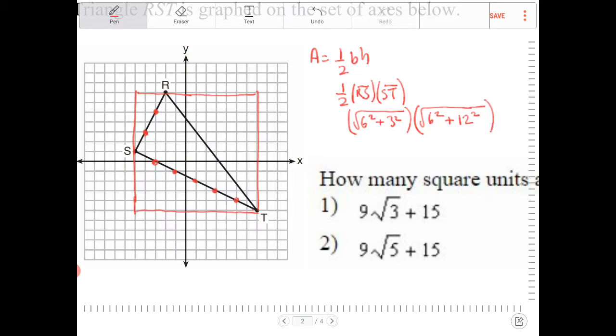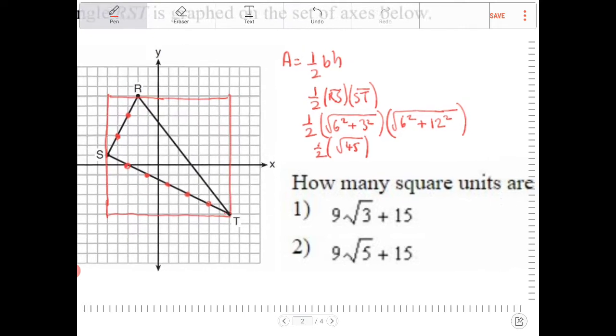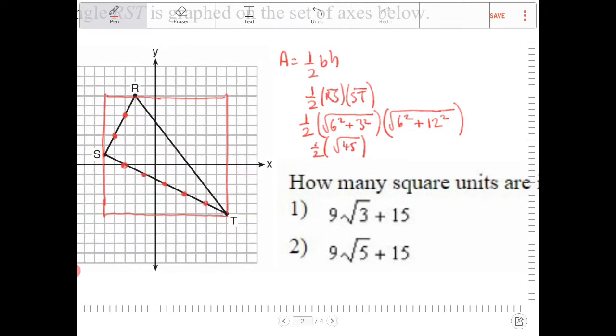What is that? That's going to be 36 plus 9 is 45, right? And 6 squared plus 12 squared, 144 plus 36, that's 180.